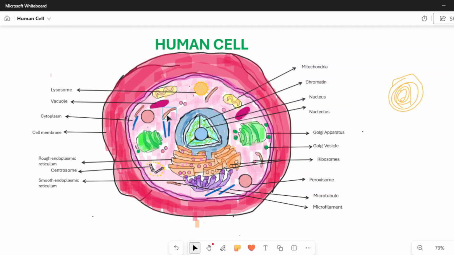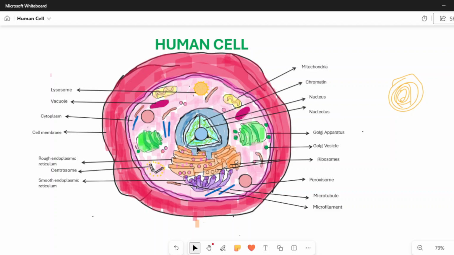Next are these filaments, which you can see as the blue color filaments, microtubules and microfilaments, which are present. So these are hollow, thread-like structures. So these are present throughout your human cell. So these give the structure to the human cell, like we have iron rods laid inside a building to give it strength.